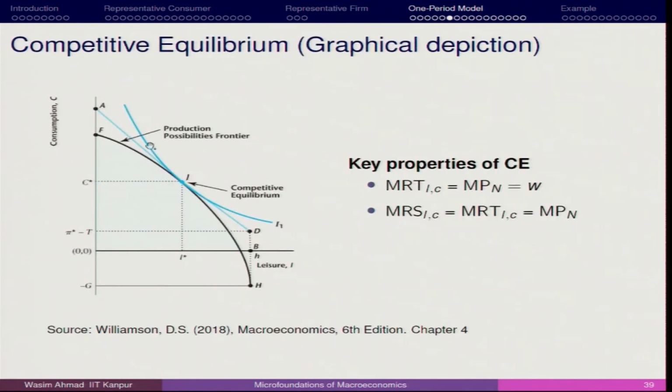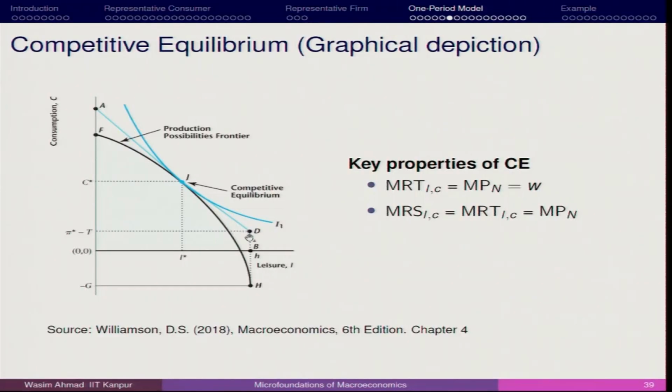So in this chart we are just replicating the same. Here D to B is the point where the representative consumer is getting the income, the dividend, and the tax that this representative consumer pays. This particular part we are not considering. J is the point where we find the slope of this production possibility frontier.